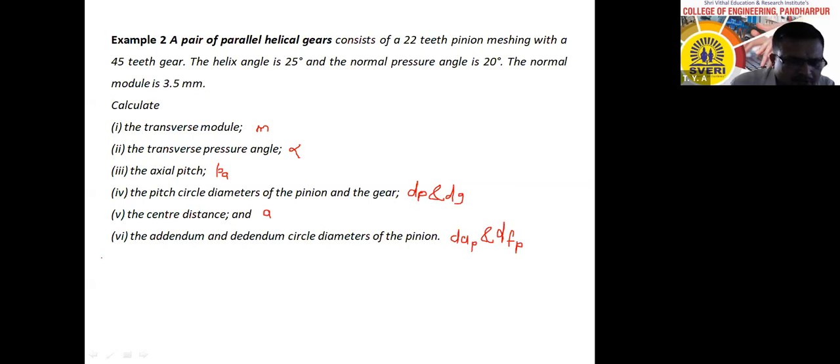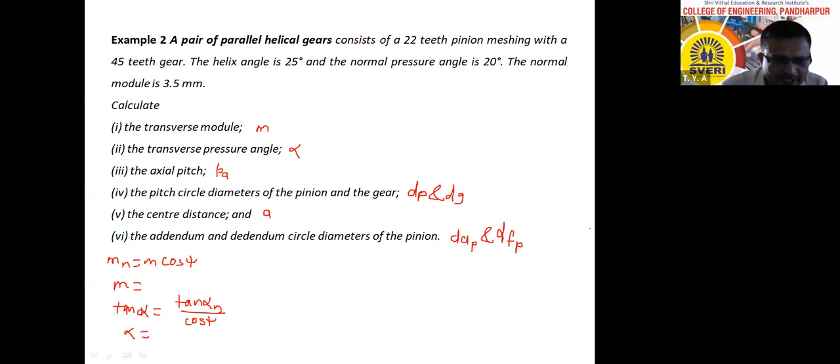Therefore, how to calculate Mn? Mn is equal to M cos psi. Therefore, calculate M. Tan of alpha is equal to tan of alpha n divided by cos of psi. Calculate value of alpha.